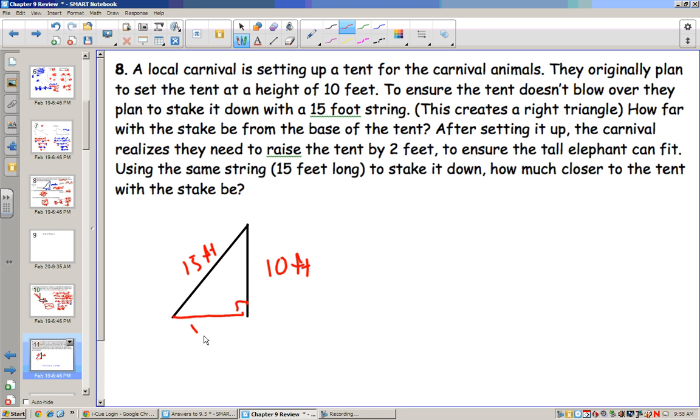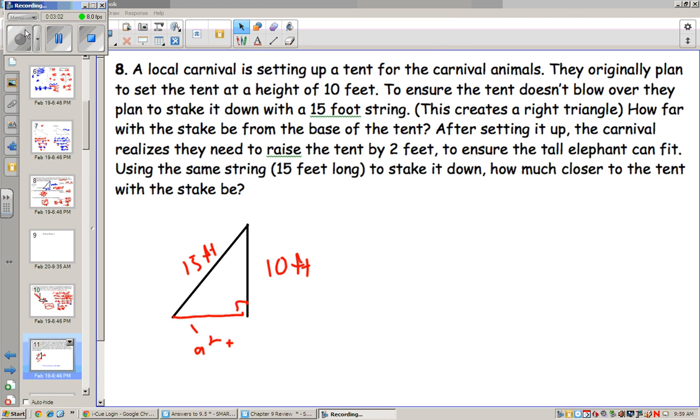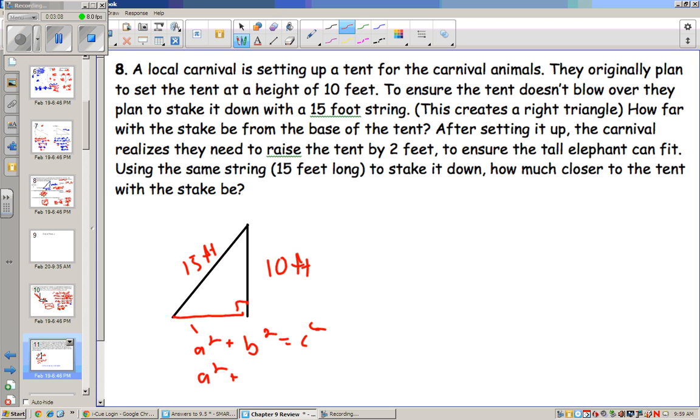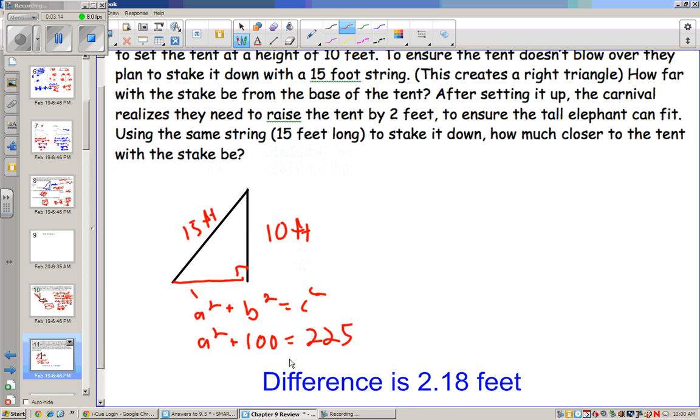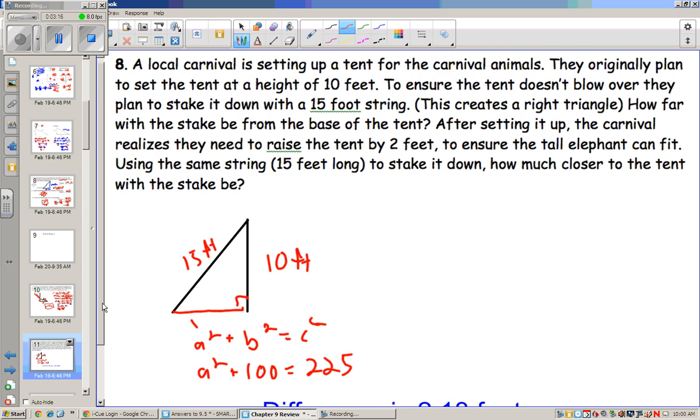So you just do a squared plus 10 squared equals c squared. So a squared plus 100, which is 10 squared, is equal to 225. And then I'll subtract 100 from both sides.